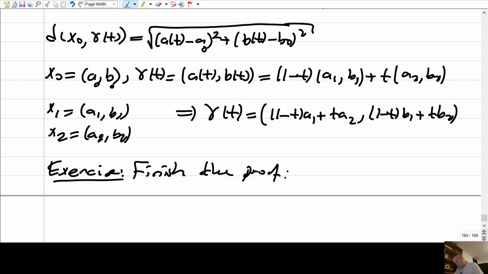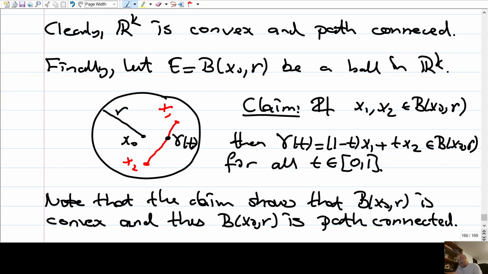Of course, you need to use the following fact: these 2 points lie inside the ball. You may wonder why we need to prove something like this. Well, the reason is that, of course, it is clear from this picture, but one has to be able to prove this using the definitions and so on.